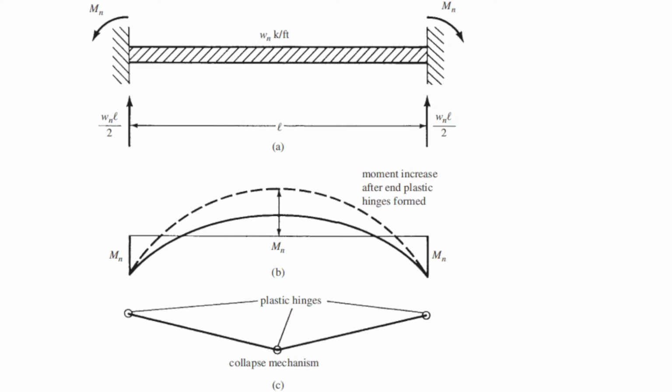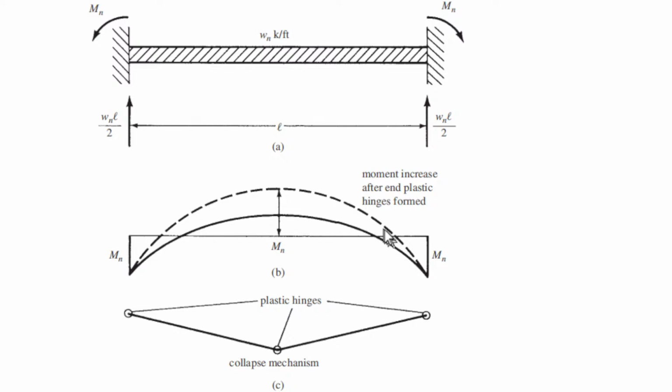So this is our original fixed-ended beam. After these two become plastic hinges, we can increase the load and it will be carried by the beam like this. There is no further participation by the support because it will just rotate. It is a plastic hinge already.